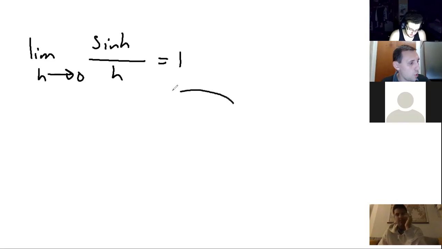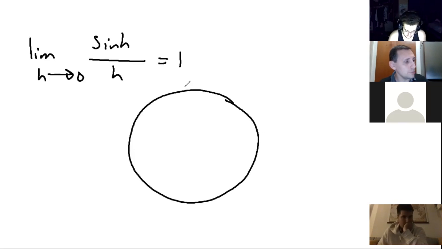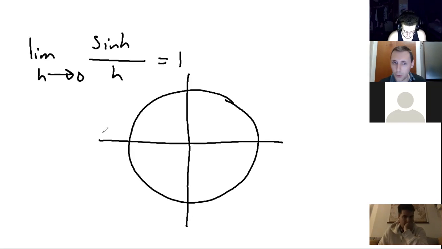So I can draw a circle. Not bad, actually, right? I'm improving with my handling of this instrument here. Both sine h and h on the bottom are measured in radian units. Think of the crust of a pizza for which the angle is small.